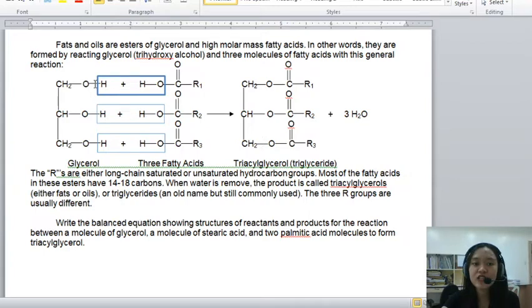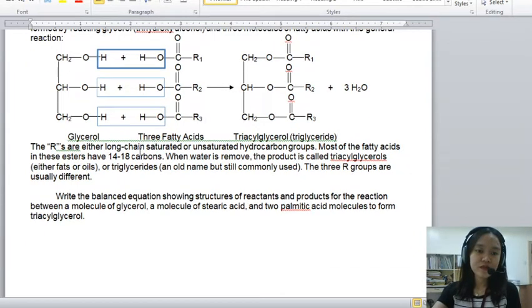So, isang oxygen na lang yung natira sa glycerol and yung oxygen na yun, it bonded with the carbons of your fatty acids. You call this as triacyl glycerol or triglyceride. So, the R's are either long chain of saturated and unsaturated hydrocarbon group.